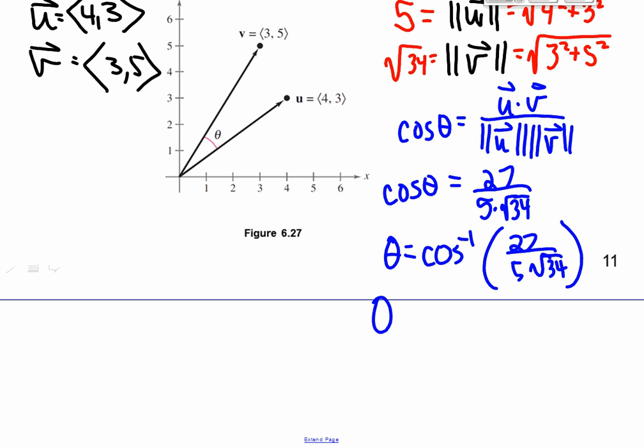So in radians, I will either indicate which I want on a test or accept either. And this one is 0.3869 radians. When you go 27 divided by on a calculator, you have to put the 5 square root of 34 in parentheses, so it divides by that whole thing. Just letting you know.